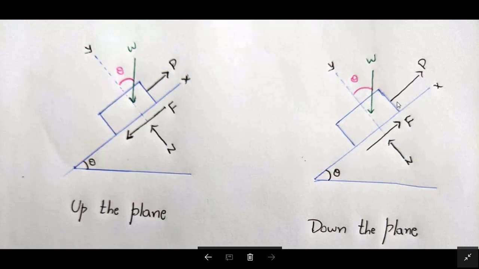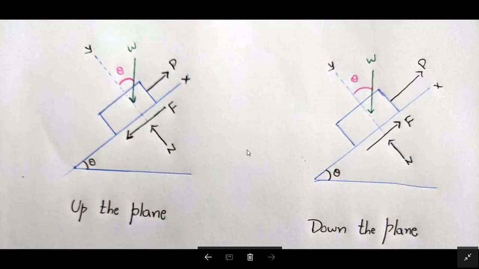Here if you observe, the force is applied in the upward direction only. But even though the force is acting in the upward direction, due to its self weight and the angle of inclination, the block tends to move in the downward direction. As it tends to move downward, the frictional force in this case will be acting in the upward direction. So this is very important.